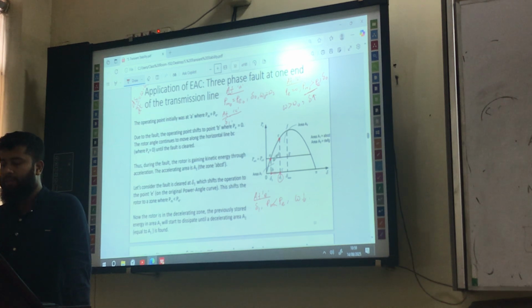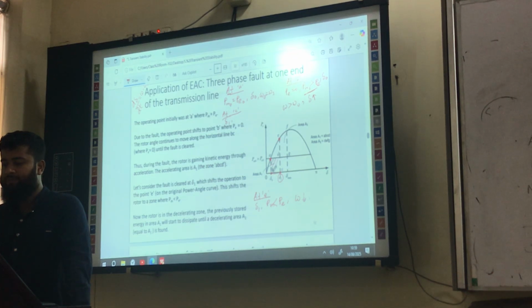But before that, in the acceleration phase, we have covered some area, right? Some kinetic energy has been stored. Can you say which area we have covered during the acceleration phase? Which area can you call by these points A, B, C?